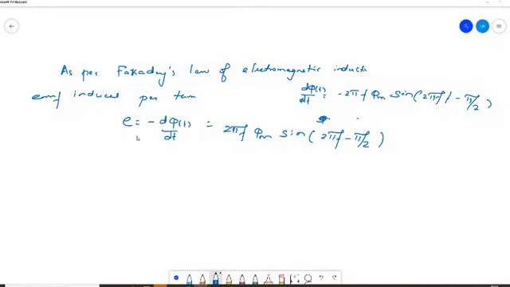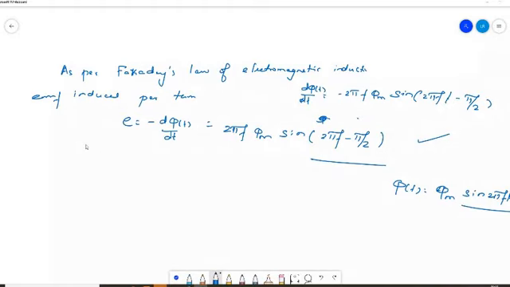The EMF compared to the flux. If you look at the expression for the flux phi of t, it was phi m sine 2 pi ft. When you compare this and this, this is lagging behind this phi. It means the EMF is lagging behind the flux.